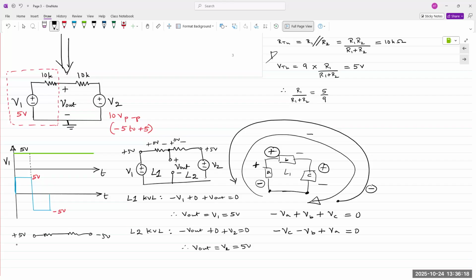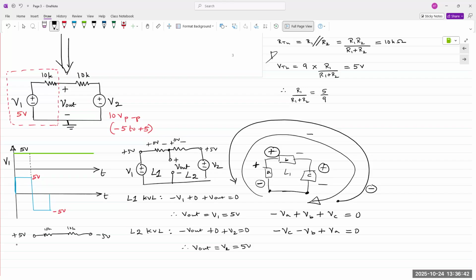So now what is the difference between the 2 points? 10. And this is 10K, and this is 10K, so we could apply voltage division to find the value between the two, but we don't actually have to. What is the value of the voltage between the 2 points?